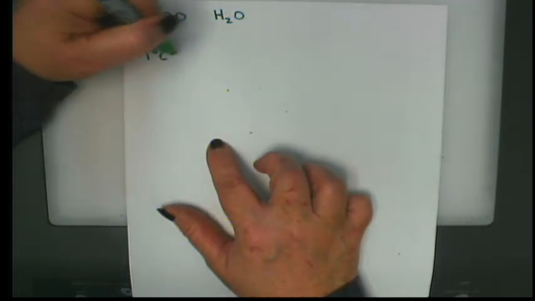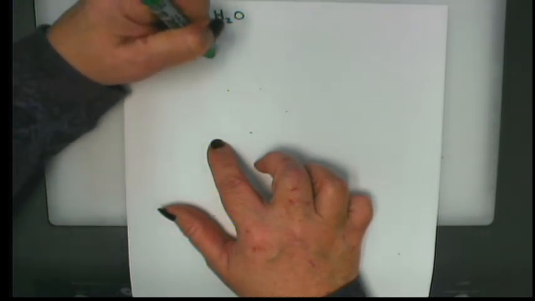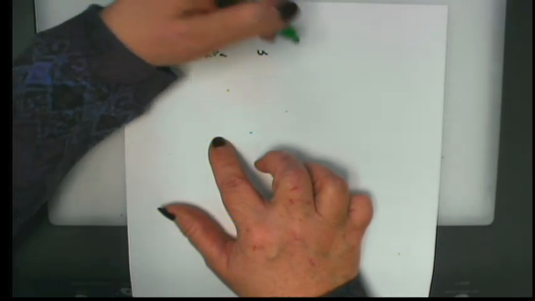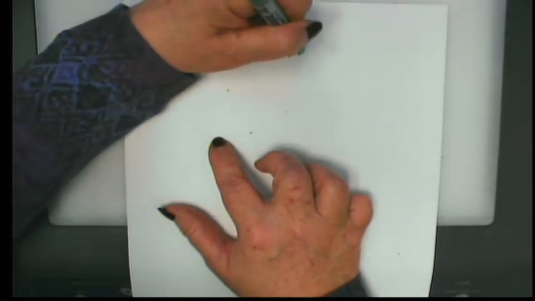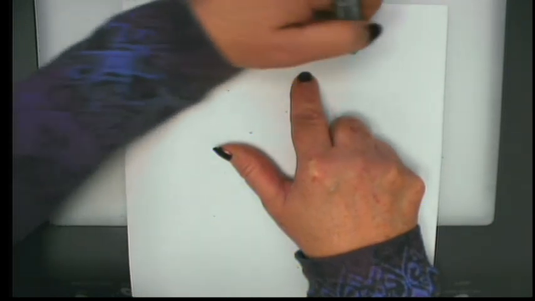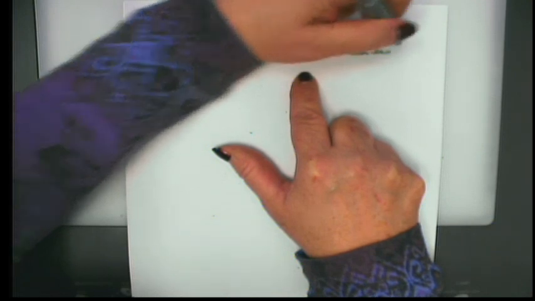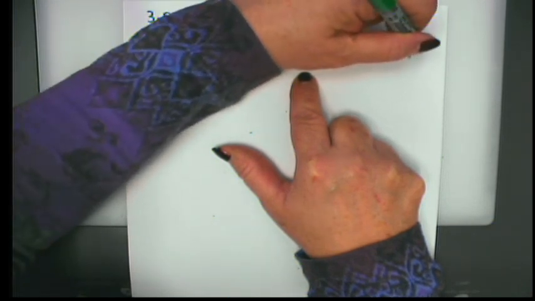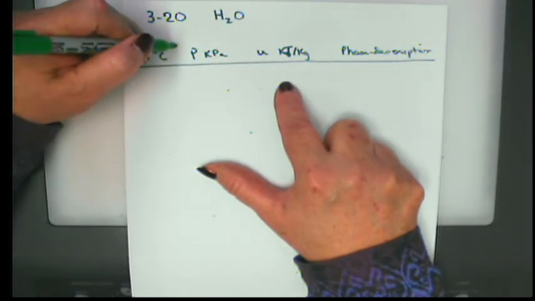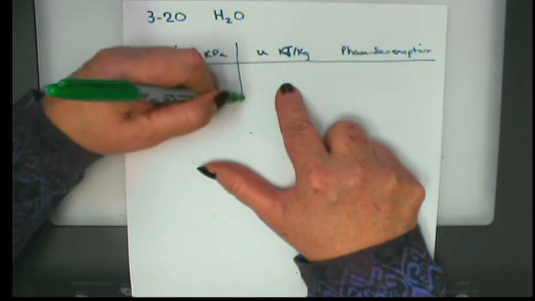temperature, pressure, internal energy in kilojoules per kilogram, and phase description. So the phase description is going to be whether it is a liquid or a mixture or a vapor.